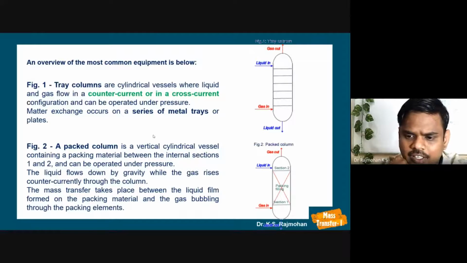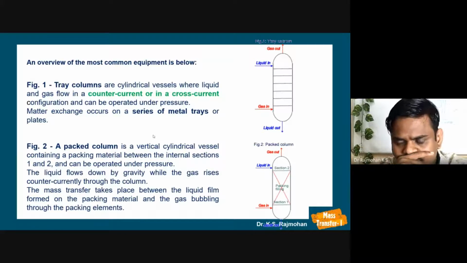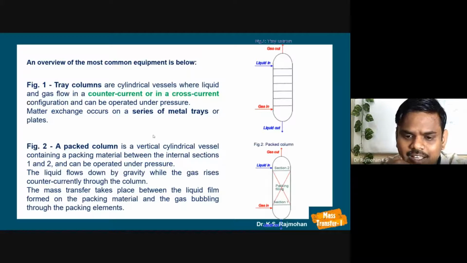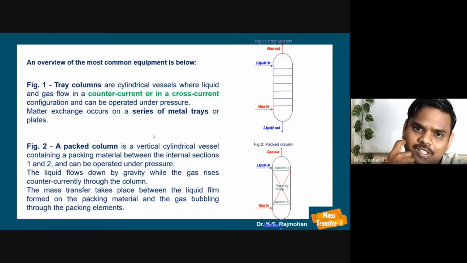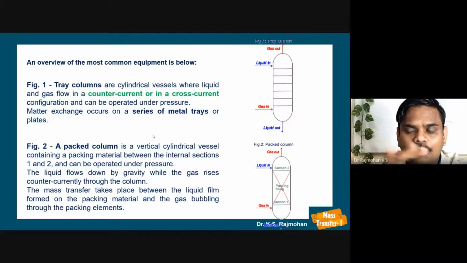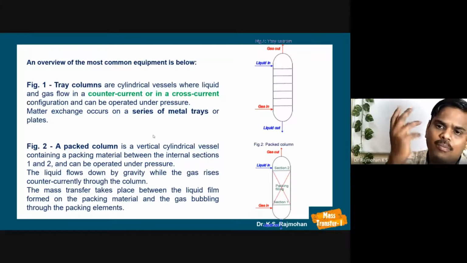Particularly in the case of a packed column, the liquid is trickling down, so a liquid film will be formed on the packing material and gas will be bubbling through the packing elements. Whereas in the case of a plate column, liquid will be held up on each tray, and gas will be introduced in the form of bubbles.